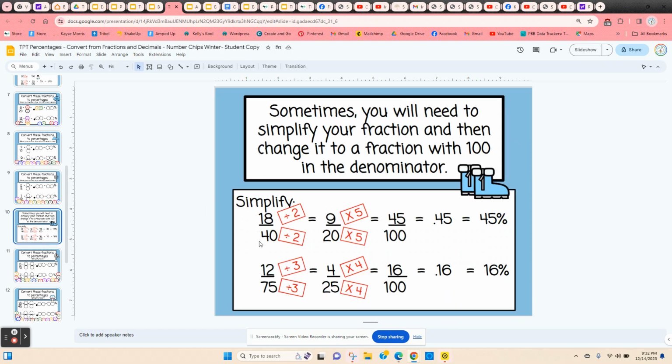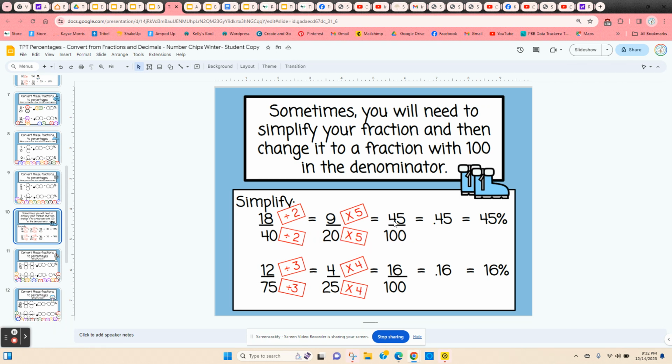Now, sometimes you can't directly convert the denominator to 100. You may need to simplify your fraction first. So if I have 18 fortieths and I simplify by dividing the numerator and denominator by 2, I get 9 twentieths.